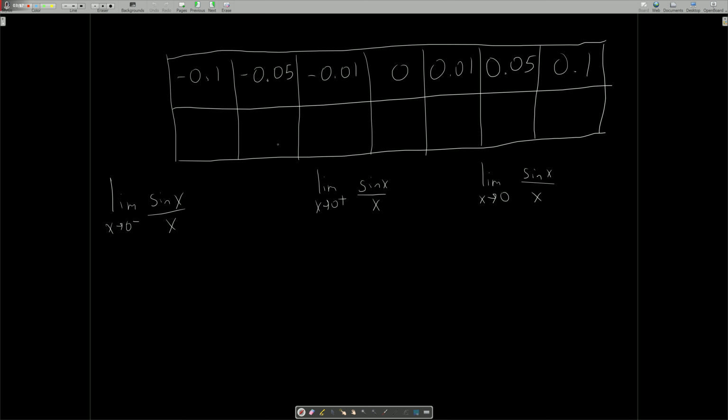Now let's try another one. For sine x over x, let's fill in the values here. At 0 itself, the function is undefined. Here we have 0.99, 0.999. You just use a calculator for this, you wouldn't have to do this by hand.